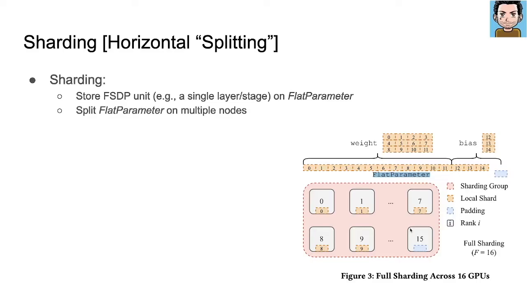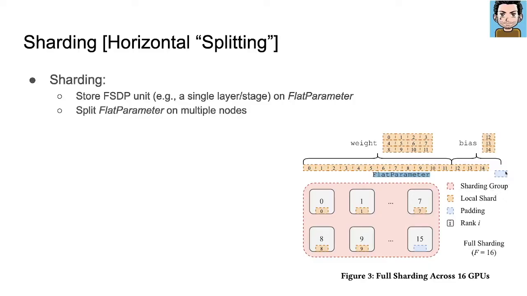Let's say that we have an FSDP unit that contains 12 weight terms and 3 bias terms. We also plan to train our model on 16 GPUs. First, we create flat parameter, a structure that contains all our parameters. In this example, we have 15 parameters only. This is 12 plus 3. This number is not divisible by the number of GPUs.